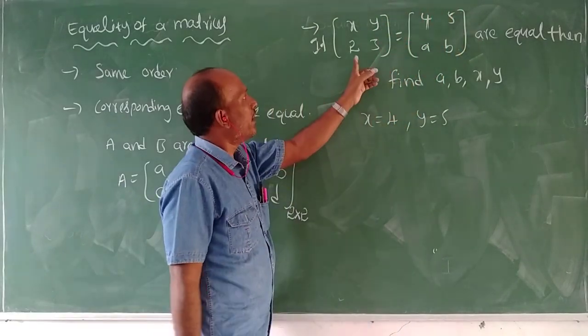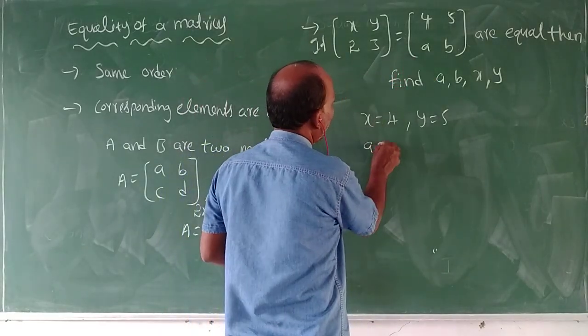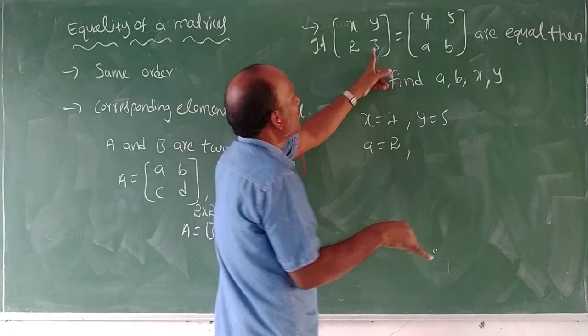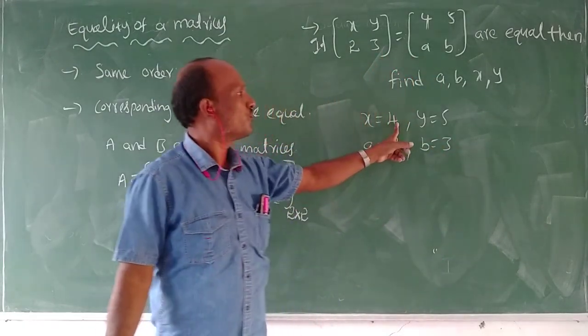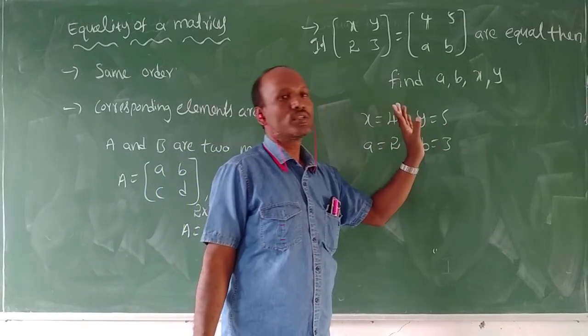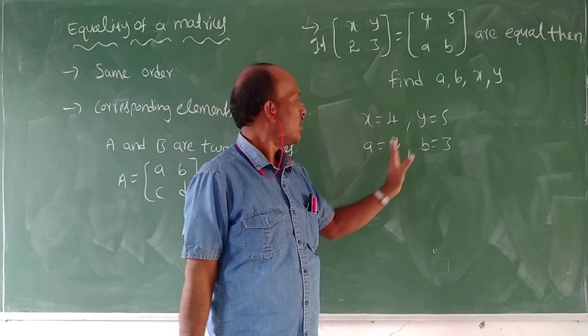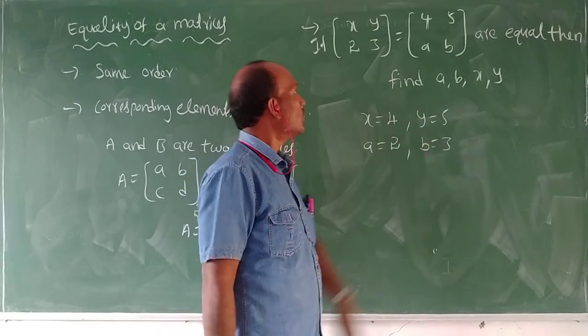Next, second row first element: 2 equal to a, so a equals 2. Next, 3 equal to b, so b equals 3. So x equals 4, y equals 5, a equals 2, b equals 3.